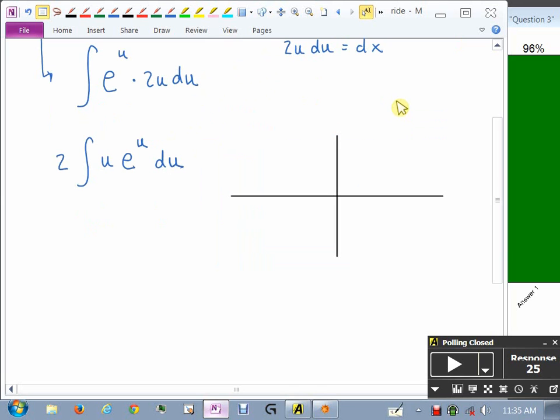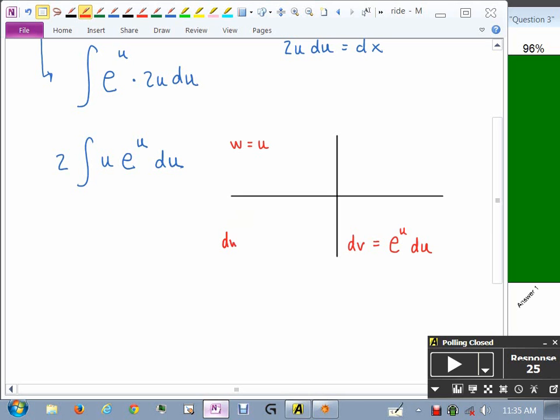All right, so what I'm going to do is say that w is going to be the u, okay? And my dv, I'm going to use v because I don't have a v anywhere else. My dv is going to be the other function, which was what? e to the u du. And now let me complete the table. What's the derivative of w?